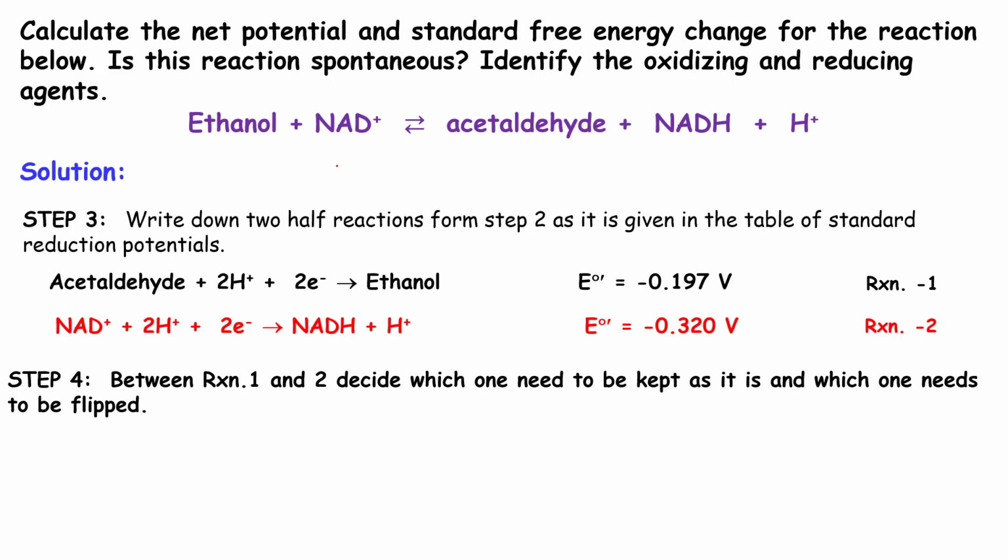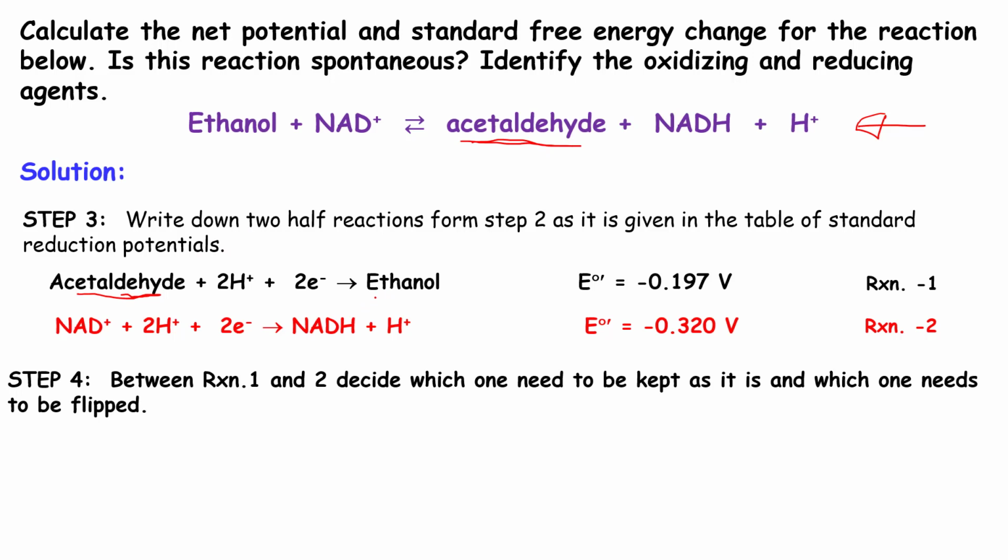So if you look here, the first half reaction has acetaldehyde on the left side. When you compare it to the overall reaction, we see that the acetaldehyde is on the right side of the arrow. So the acetaldehyde here is on the left side, and there it is on the right side.